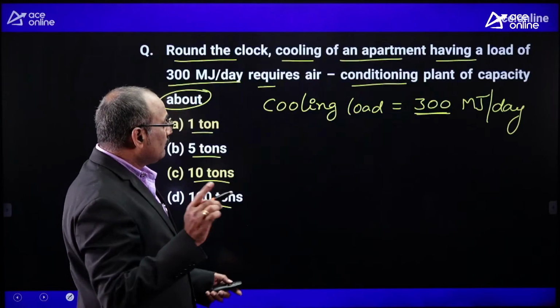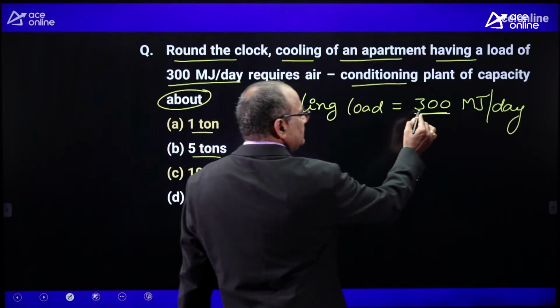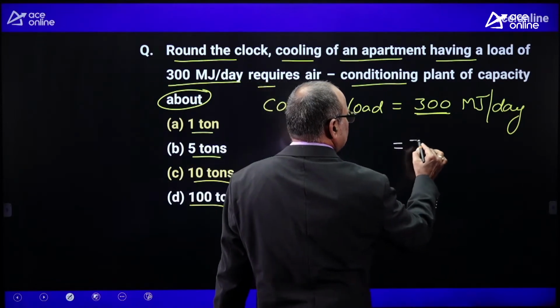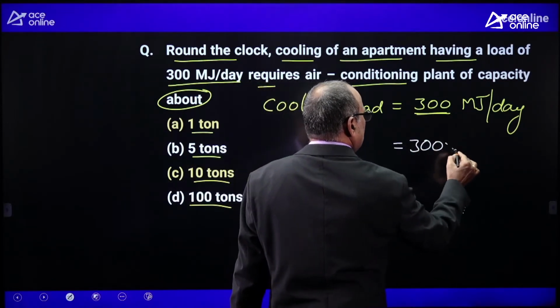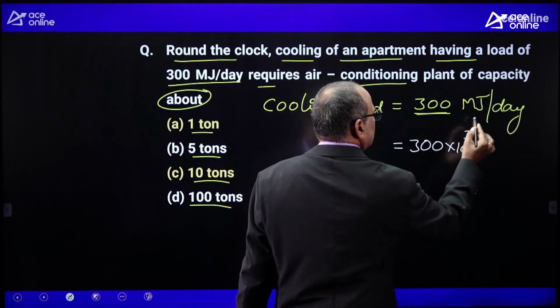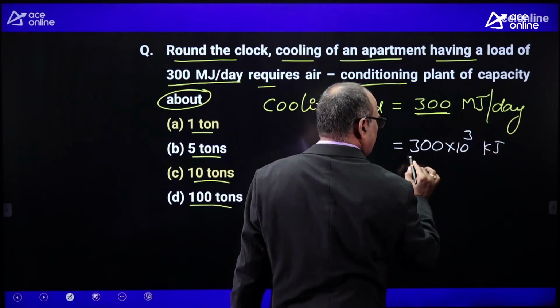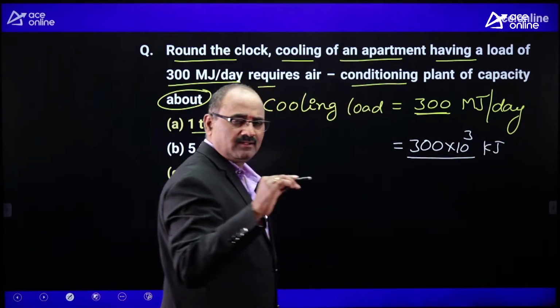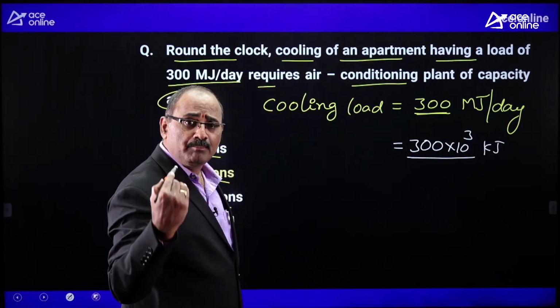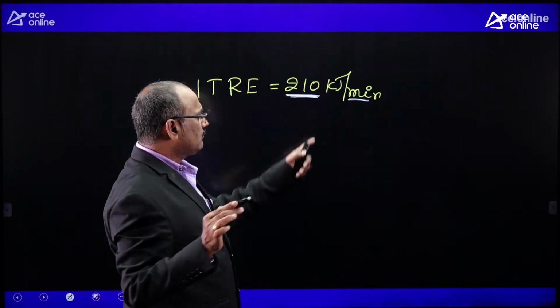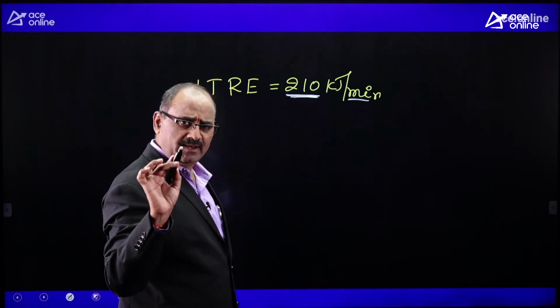Okay. But what should be the heat removed here? 300 megajoules per day. It is equal to 300 into 10 power 3 kilojoules per day. Let us convert from day to minute, because we have the value of 1 ton refrigeration effect equal to 210 kilojoules per minute.